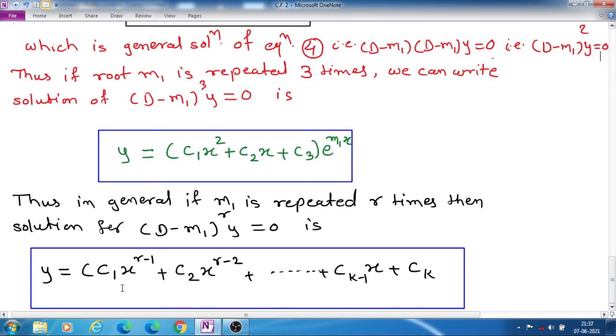So c1 x raised to r minus 1 plus c2 x raised to r minus 2 plus and so on plus ck minus 1 into x plus ck.